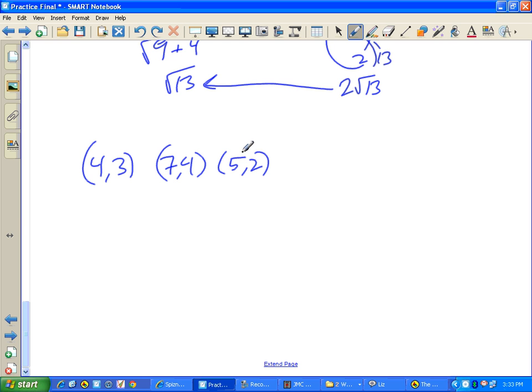This is a midpoint, and it should be parallel to the line that goes through this midpoint. So let's just say these are midpoints, and they're making a triangle. If I want to find the triangle that has these as midpoints, the line that goes through this midpoint should be parallel to this line.